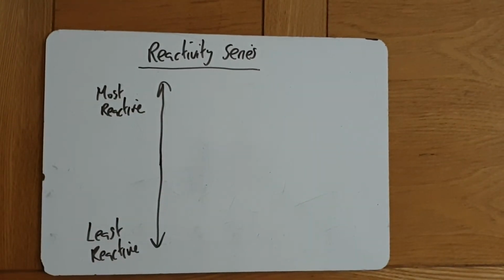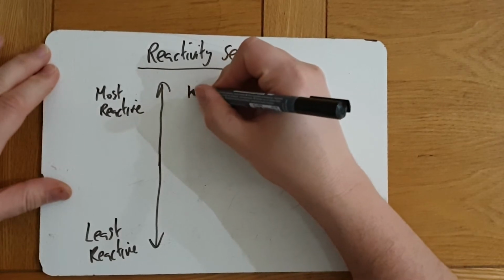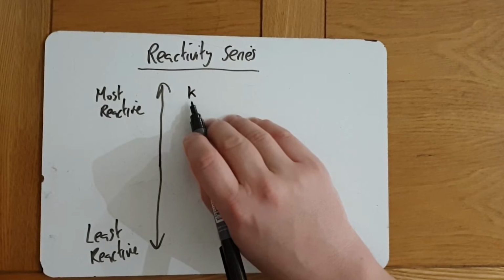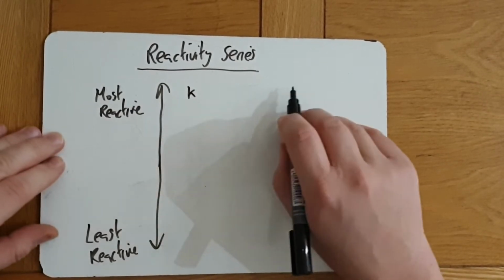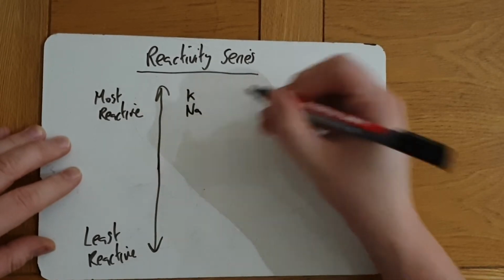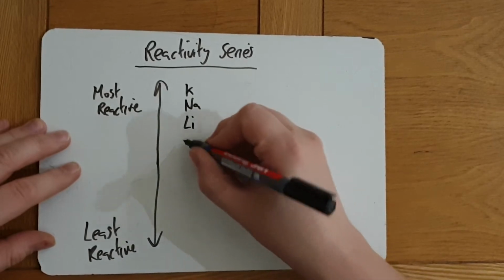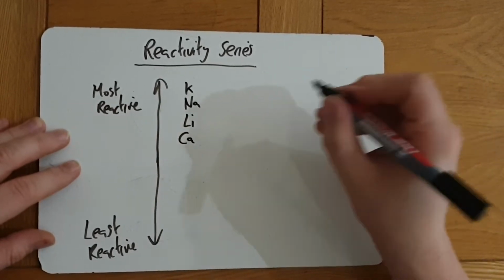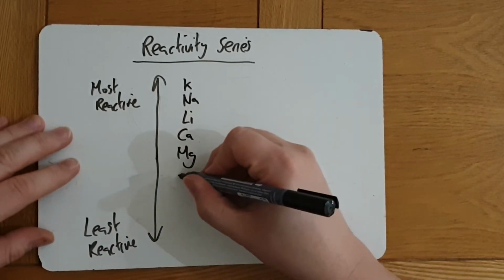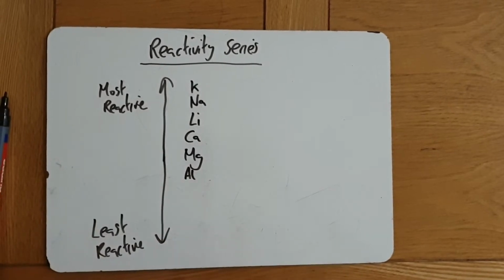Further down, the least reactive it is. So we're going to have K, which is potassium. I'm not going to write out their full names because you'll just be afraid watching me write them all out. These are all on the periodic table. Na is sodium. Li for lithium. Ca for calcium. Mg for magnesium. Al for aluminium.